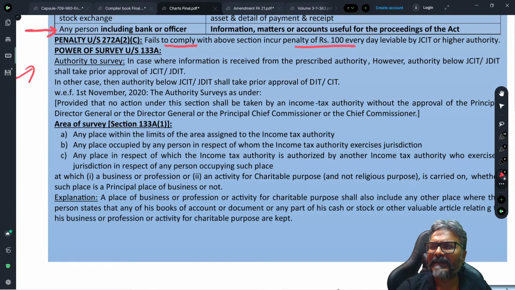His residence, where the SSC stays. So that is also an area which can be searched. But in the case of survey, it is only the place of business. I hope that all of you are clear with this one.